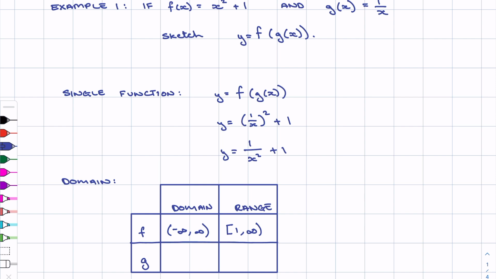Then I'm going to think about the domain of g. This will be negative infinity to 0 in union with 0 to infinity. Apologies for trying to fit it in.